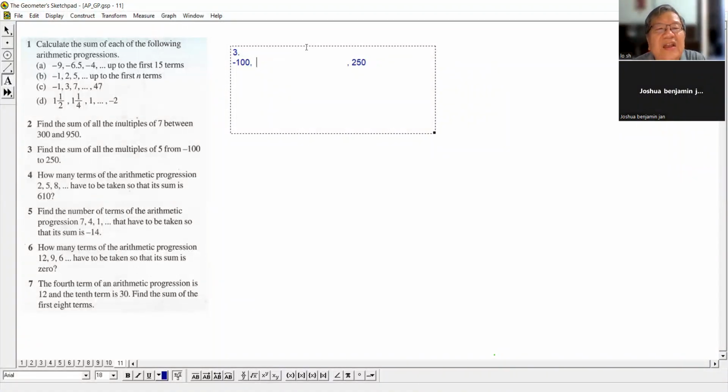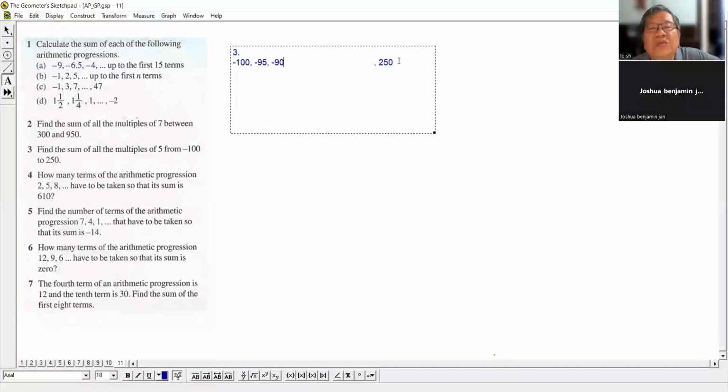So it is negative 95. Then it will be negative 90 and so on. Finally, if you keep adding 5, you will reach 250.